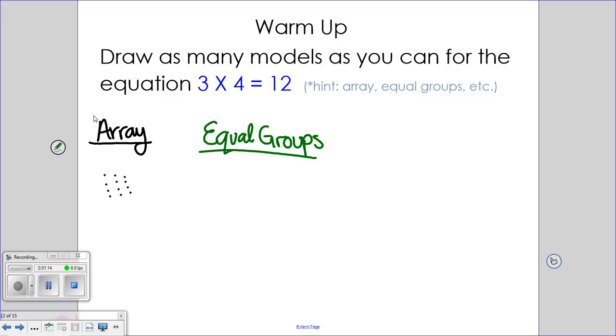If you don't have an equal groups drawing, which I didn't see many, please make sure that you get one down. Can you put it below? Okay, so she's got 3 groups of 4. Beautiful. All right, let me have another model or drawing or some kind of way you can solve this problem.